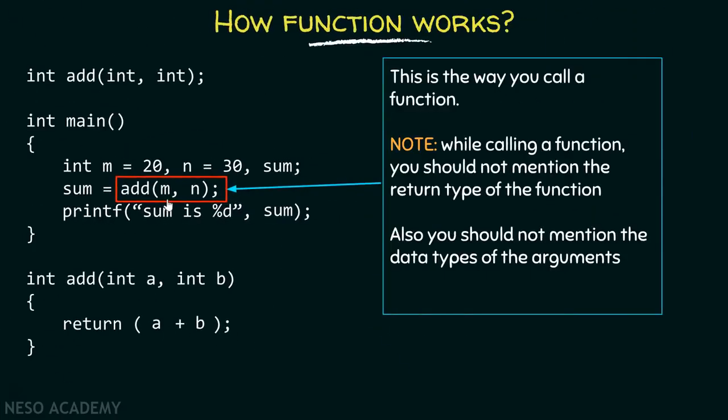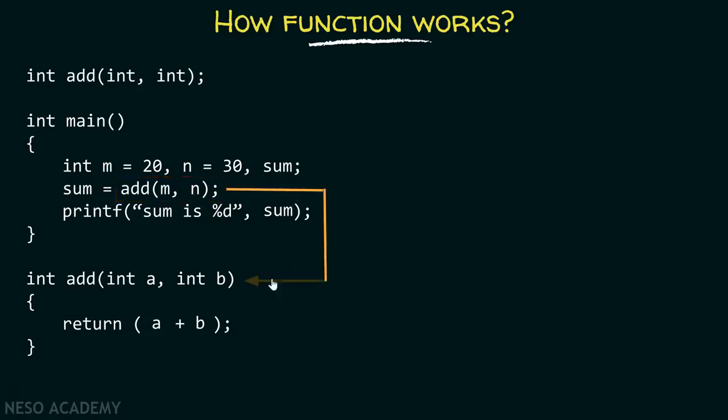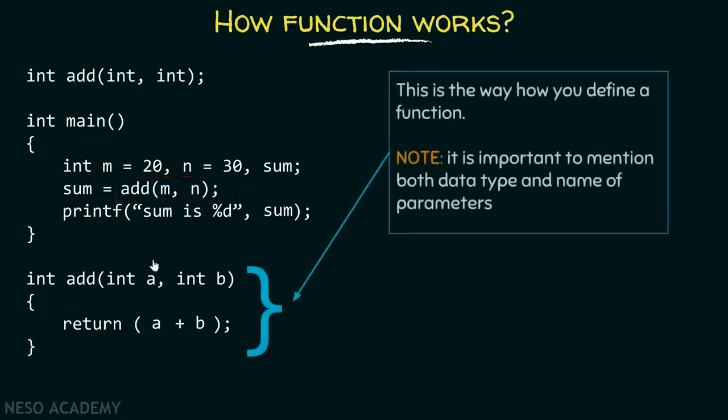Now, as we know, when we are calling a function, the control will get transferred from this position to this position. That is the actual definition of the function. This is the way you define a function, right? Here you should remember that it is important to mention both the data type and the name of parameters.